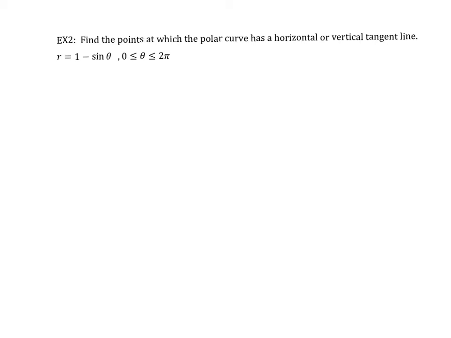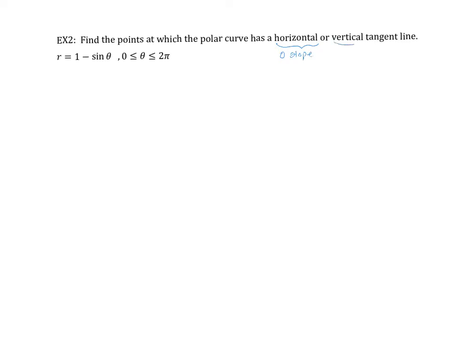All right, in example 2, we're given an equation r. We're given theta values from 0 to 2 pi. And in this example, we're supposed to find the points at which our polar curve has a horizontal or vertical tangent line. So remember, if there is a horizontal tangent line, that means we have a slope of 0.